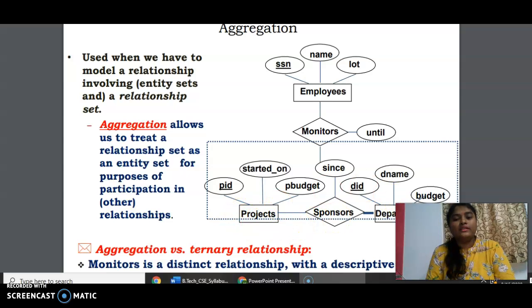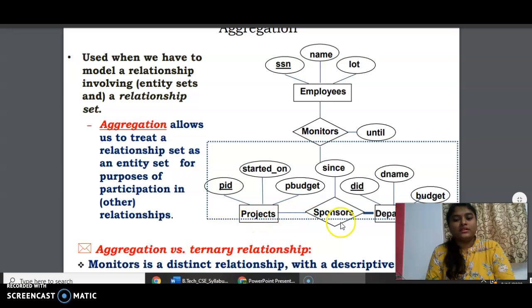If I use more than two entities, then it is known as a ternary relationship. So here an example is being taken. Projects are sponsored by departments, and this overall relationship is monitored by an employee.